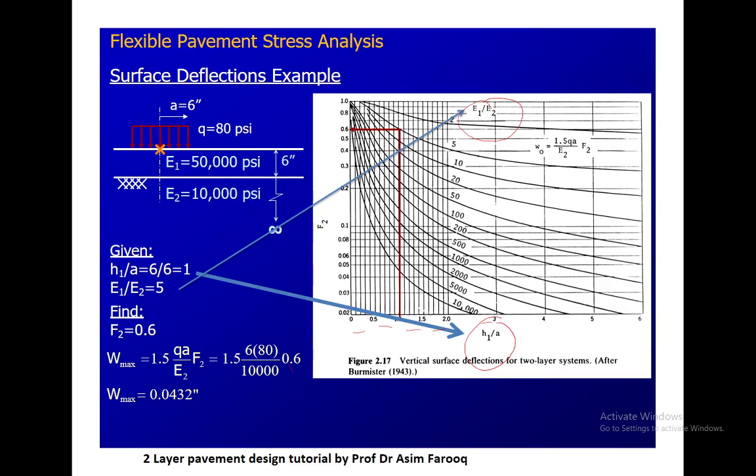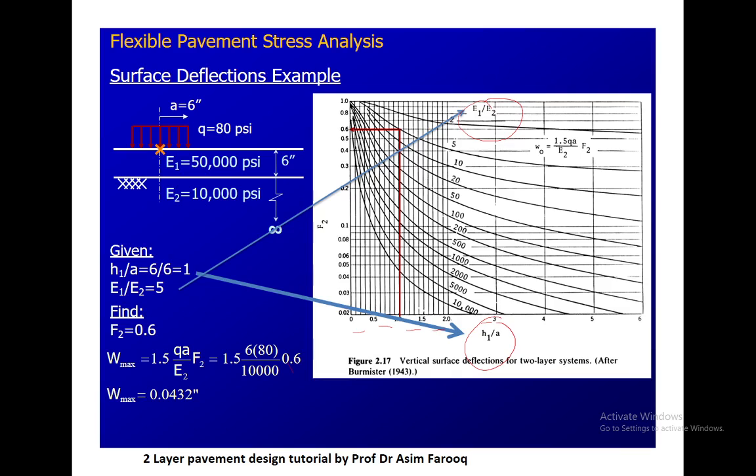We select the point of h1 by a and E1 by E2 where both lines intersect with each other. The F2 value is somewhere around 0.6 or 0.59, so we consider the value of F2 as 0.6.